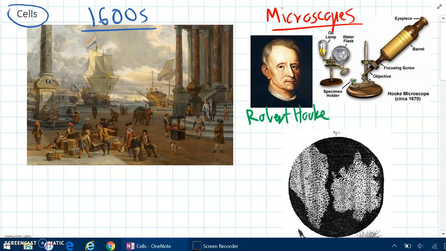And he used a microscope to look at living things for the first time. Because before this, all they knew about living things is what they could see with their own eyes. And we didn't really know what was making up the bodies of animals or the organs of plants.